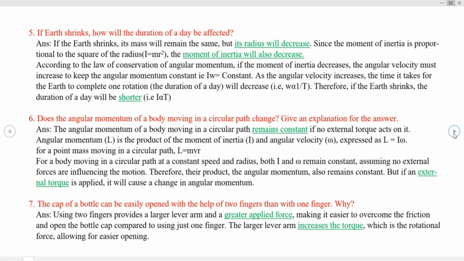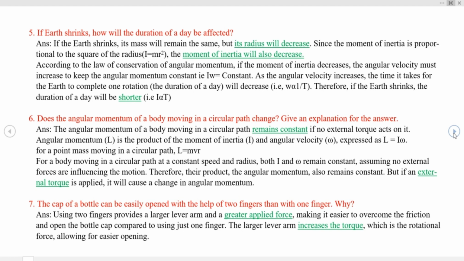And for a body moving in a circular path at a constant speed and radius, both I and omega remain constant, assuming no external forces are influencing the motion. Therefore, their product, the angular momentum, also remains constant. But if an external torque is applied, it will cause a change in angular momentum.